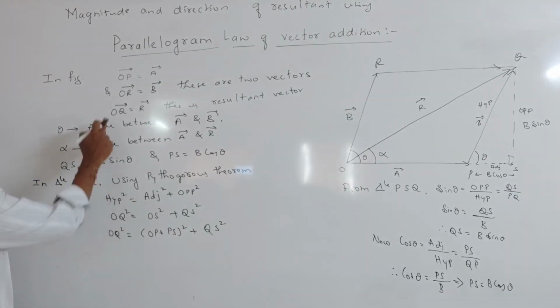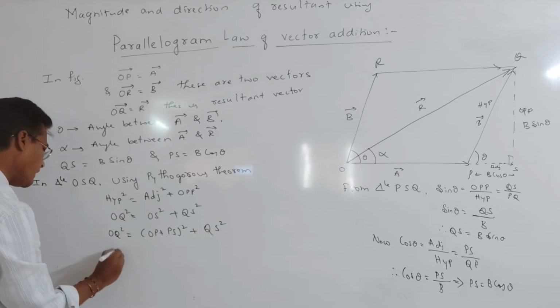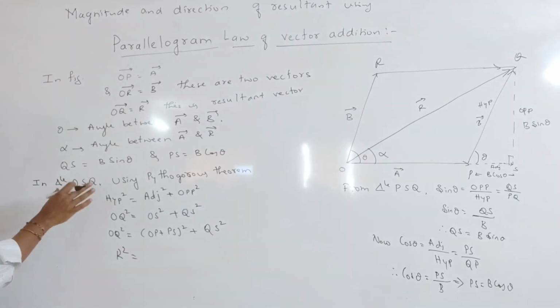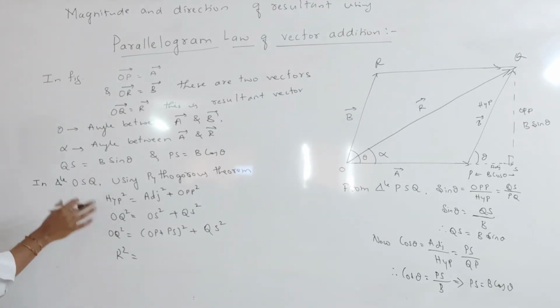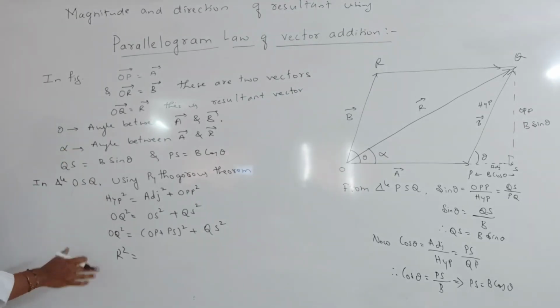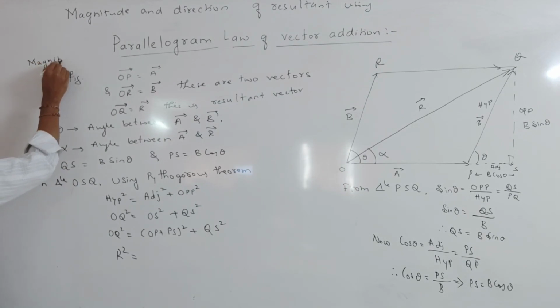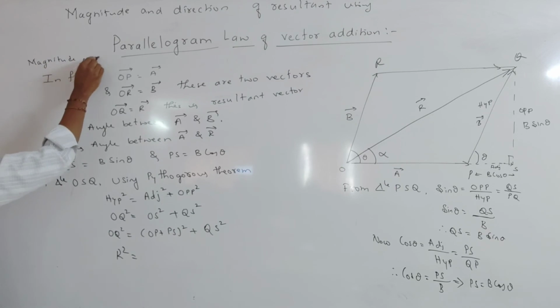OQ square is R square. First we are calculating the magnitude of R, that is the resultant vector. Only the magnitude can be found now.